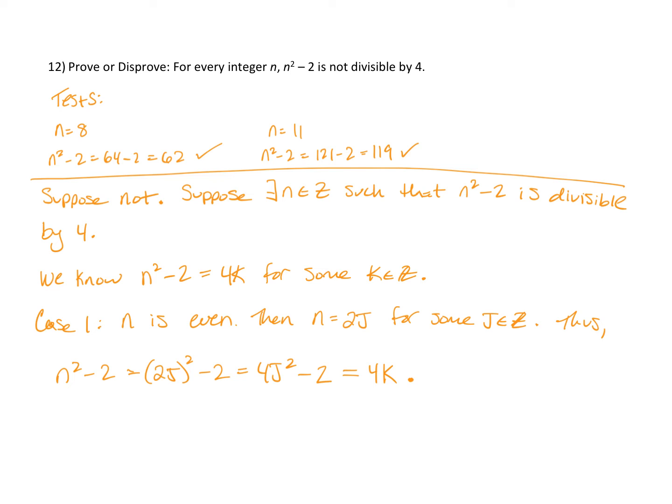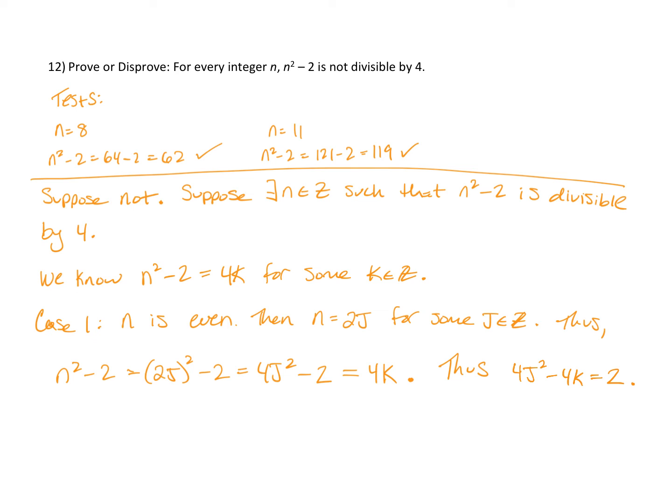Okay, so now I'm just going to look at these last two statements in this chain of equality, and I am going to manipulate that equation a little bit. So I would say thus, I'm just going to move the 2 to the right and the 4k to the left. So add 2 to both sides, subtract 4k from both sides, and we have 4j squared minus 4k equals 2.